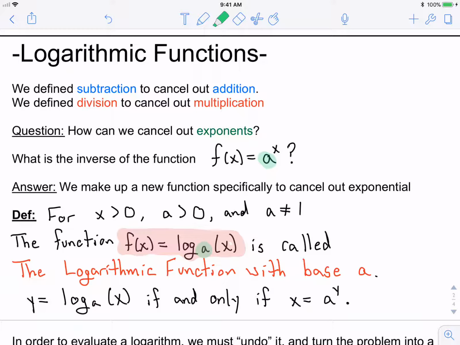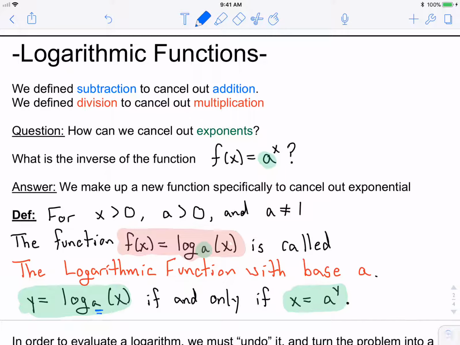If we want to solve these, and we say we have some y value for log base a of x, we can say that y equals log base a of x if and only if we can move the log to the other side to cancel it out, and instead say that x is equal to a to the power y.